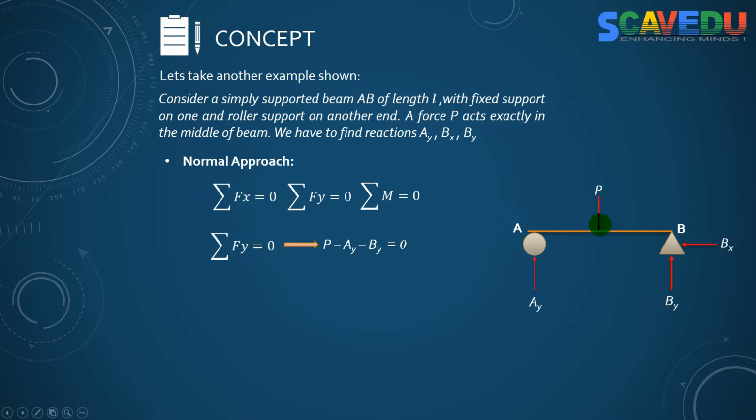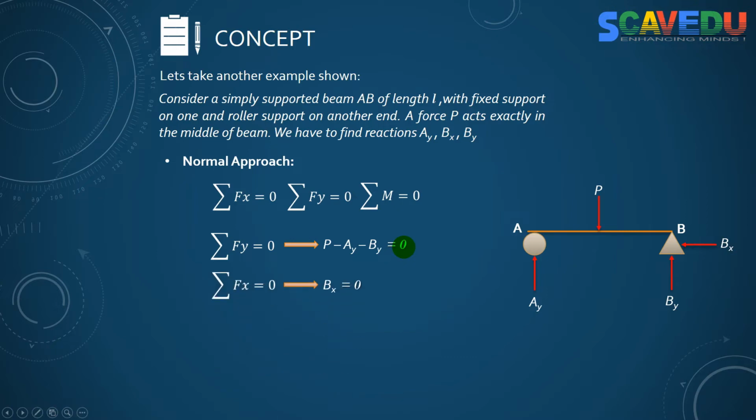So we have P downward. I am considering downward force as positive, so I am putting here P, and then the next ones are AY and BY, which are reactions. Both of them are acting upward, so for both of them I am giving negative. So the sum is P plus minus of AY plus minus of BY, that's equal to P minus AY minus BY. It should be equal to 0.